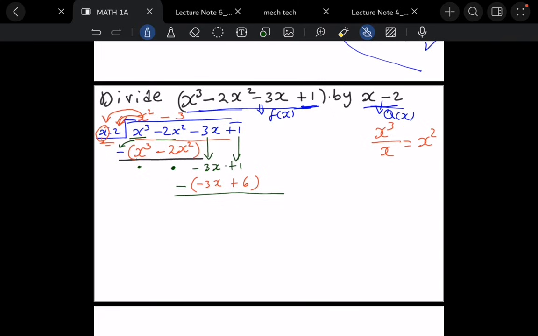Negative 3x minus negative 3x is going to be 0, and 1 minus 6 is going to be negative 5. Then you ask yourself again, how many times does this x go into negative 5? Since there is no x variable here, this becomes your remainder.